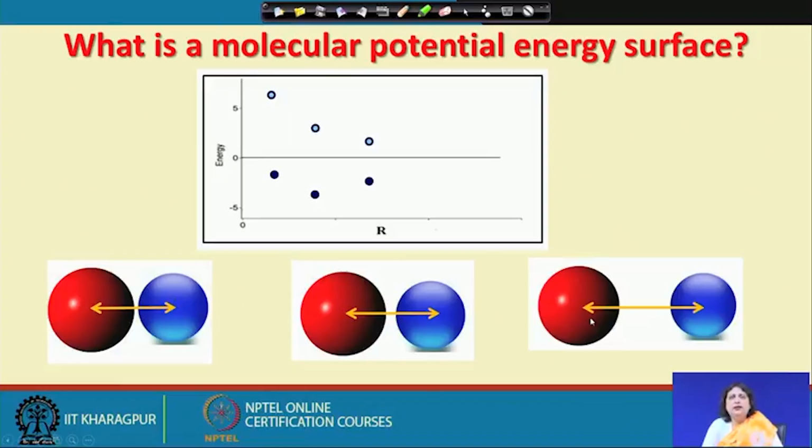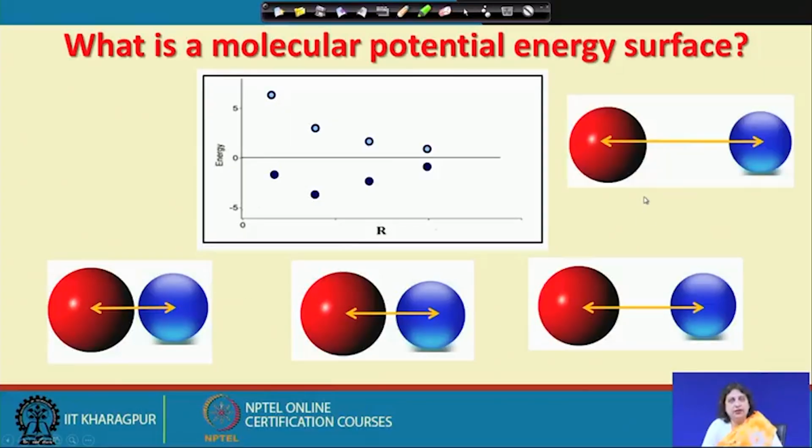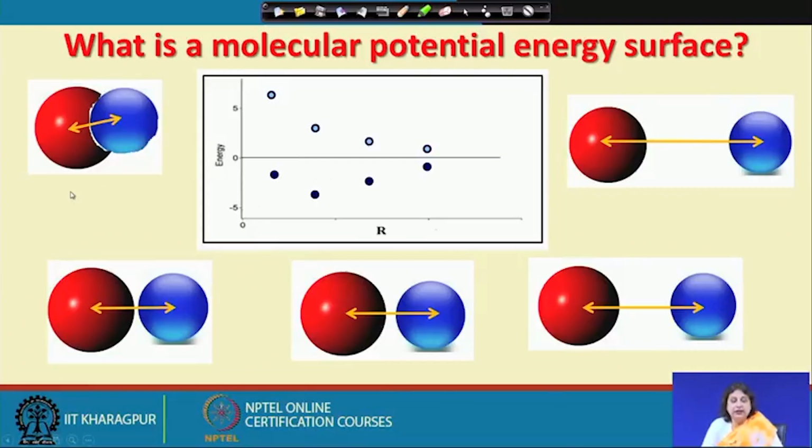This way we can generate all such energy values for different interatomic separations within the molecule. If the two atoms invade each other's space, then obviously the energy is going to be very high, and we have not shown it in this picture. So, by solving the Schrodinger equation, what are we getting? We are joining all the ground state electronic energies for the different geometries through this dark blue line, and all the first excited state electronic energies with this red line.